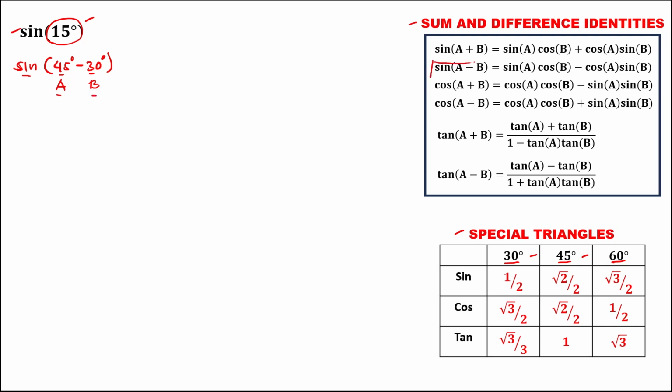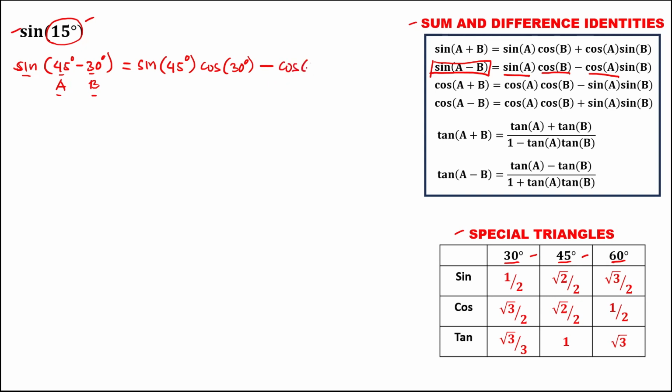So using this identity, sine A minus B, so this becomes sine A, and A is 45. So this becomes sine 45 degrees, then times cosine B, and B is 30 degrees. So cosine 30 degrees, then minus cosine A, and A is 45 degrees.